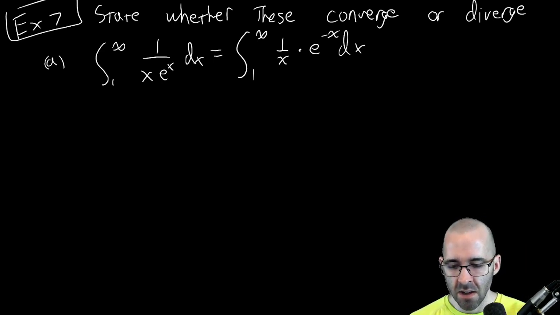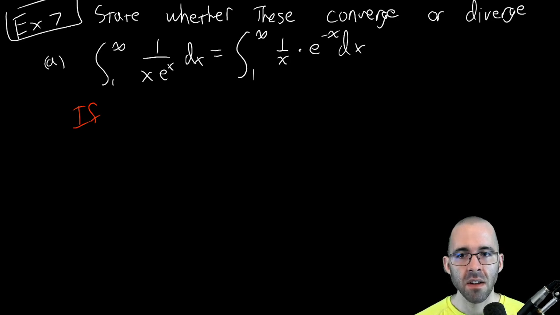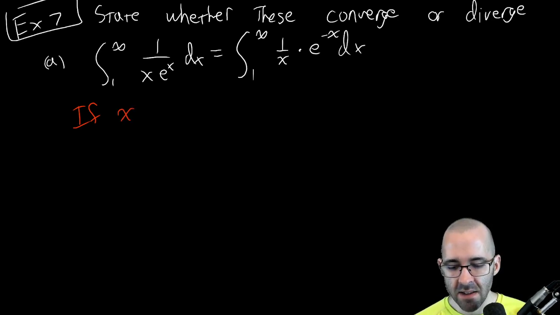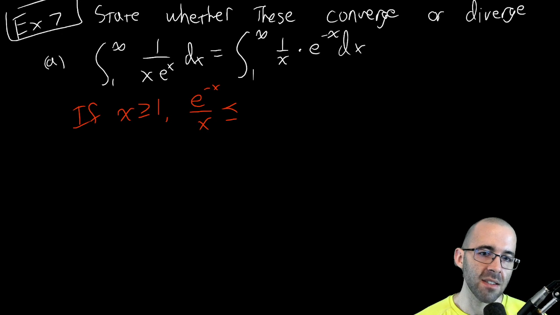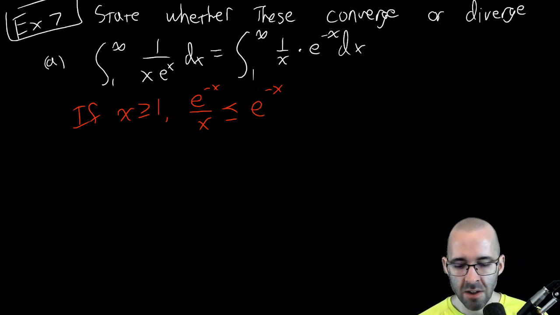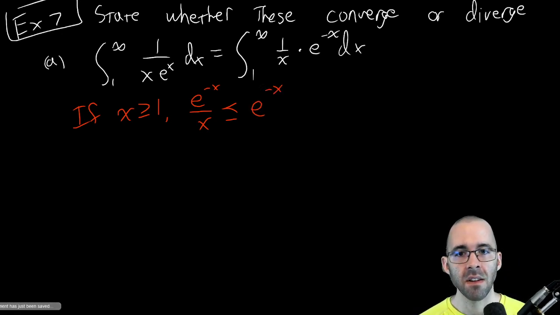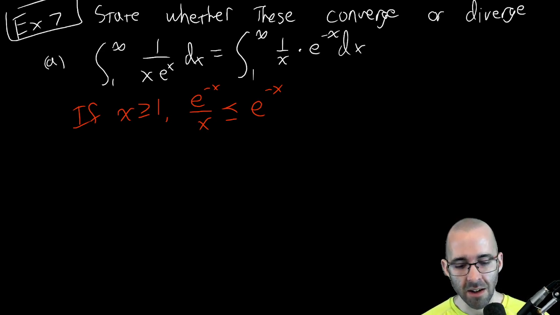So our gut says it's smaller than something that converges. Okay? So let's make that comment. If x is at least 1, then what happens if we divide something by x? If we divide by something that's at least 1, that's smaller or equal when x is 1 to just this. So we can set this up with the comparison theorem.